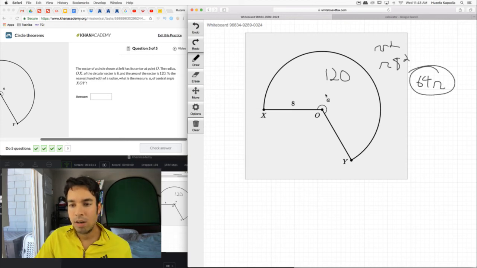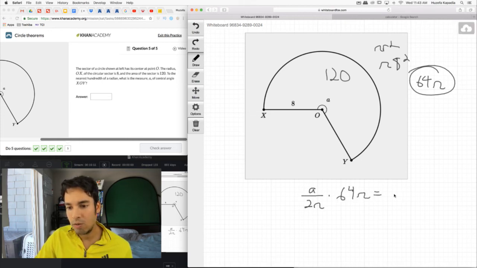Now, to calculate the area of a sector, we use that formula. It's the angle A over 2 pi. I'm again using radians. I could have put 360. And oh no, actually I need it to be in radians. It's asking for radians. So A over 2 pi times the entire area equals my sector area, which we already know is 120. And then now we solve for A. Pi's cancel out. 64 divided by 2 is 32A equals 120.